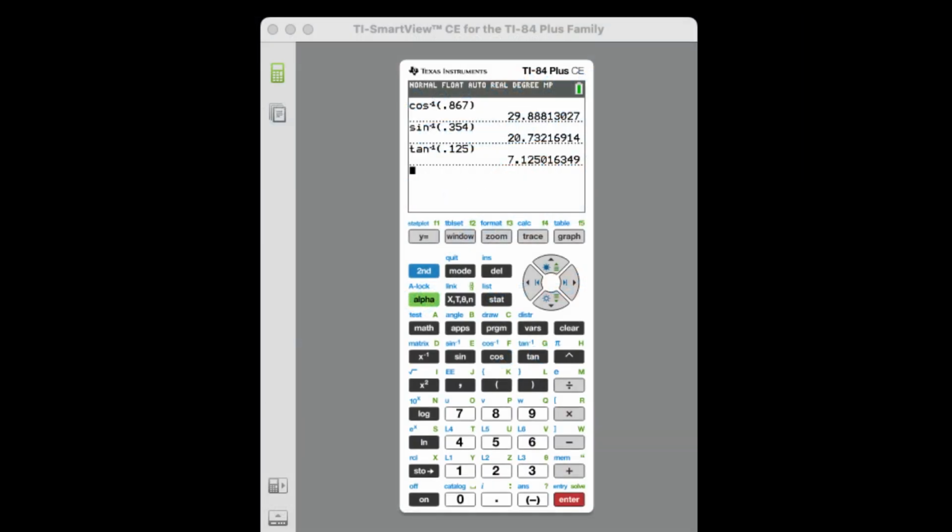So in the TI, again, second inverse cosine 0.678. So it's 47 point something degrees. 47.3 degrees here.